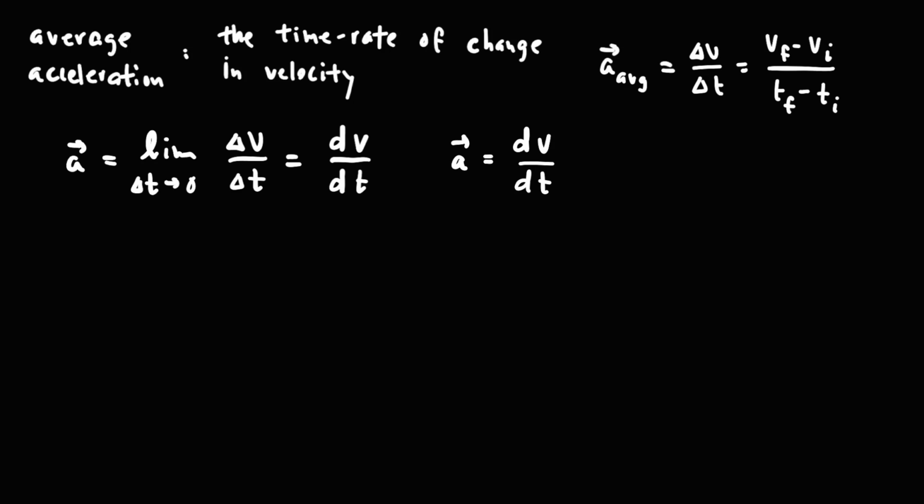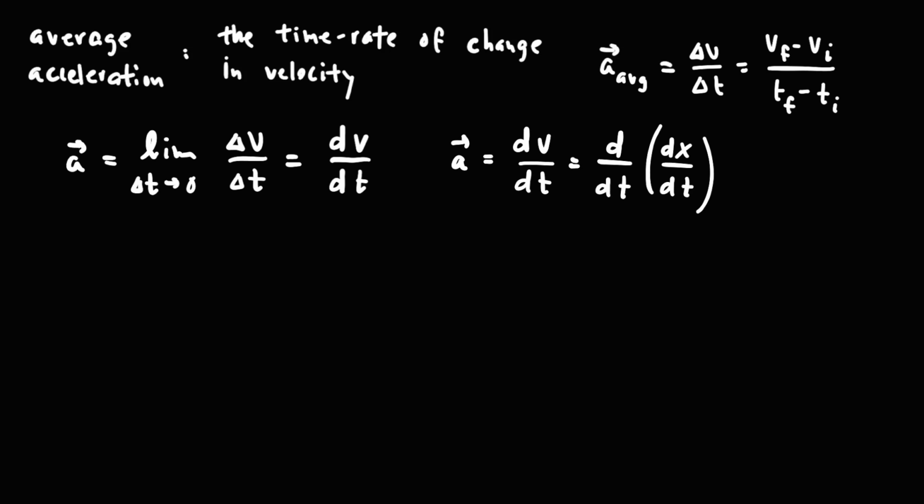And hopefully now you can start to see some of the links between position and velocity and acceleration. For example, if a is equal to dv/dt, and v can be written as dx/dt, then I could write this as follows. I could pull out the v and instead write it as d/dt of dx/dt. Right? That would be the second derivative of position or the first derivative of velocity.